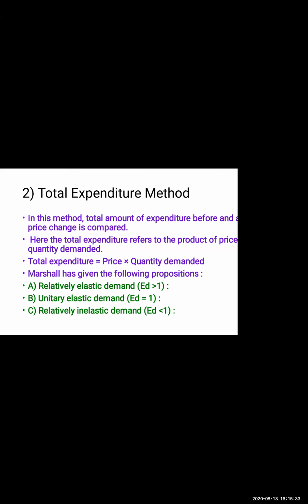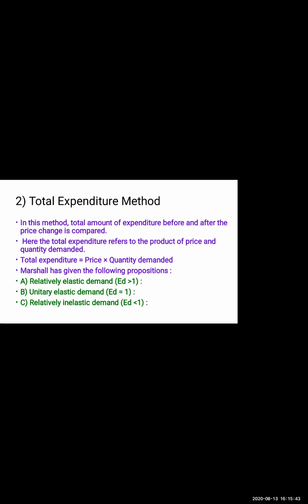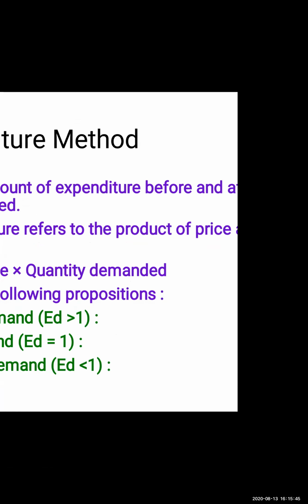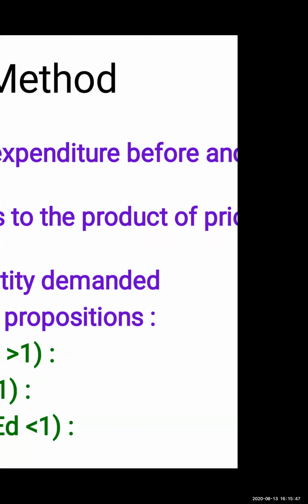In this method, the total expenditure refers to the total product price and quantity demanded. What is product over here? Product is a mathematical term here. It means multiplication.